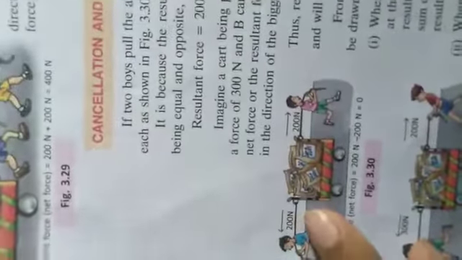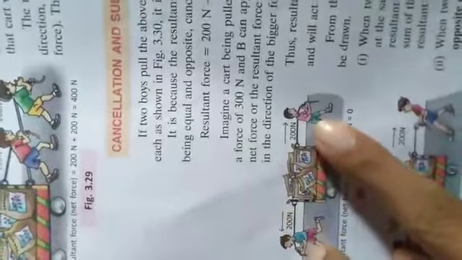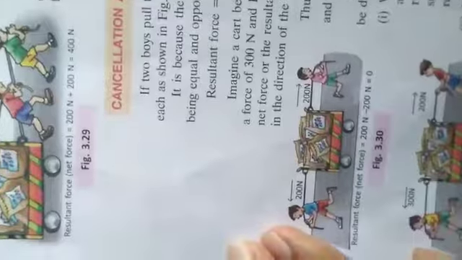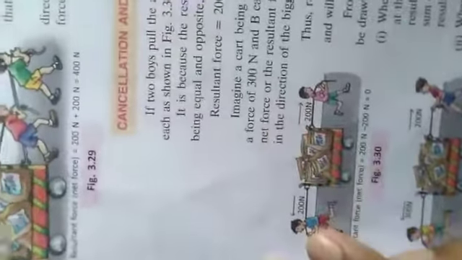The magnitude value of the force is the same, but the directions of the two forces are opposite, and hence the resultant force will be 200 Newton minus 200 Newton, that means 0, as the two forces are in opposite direction.